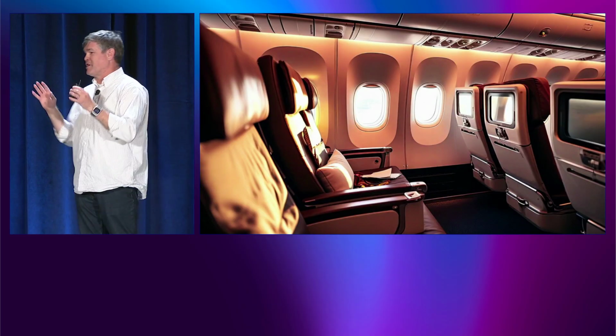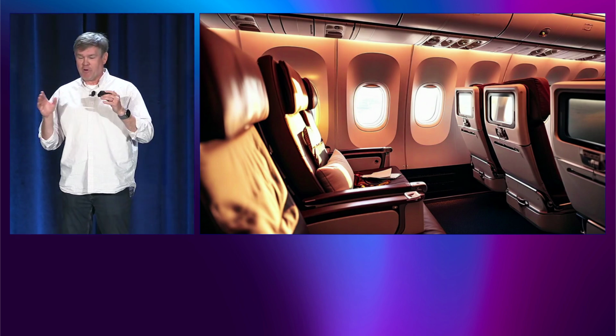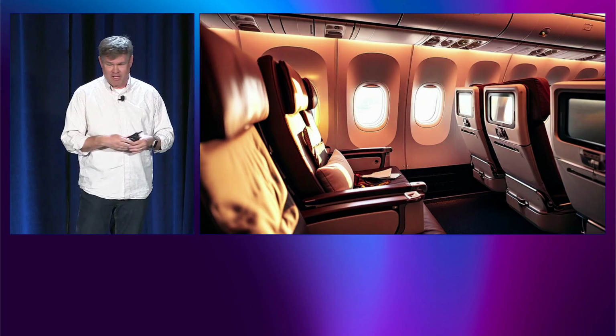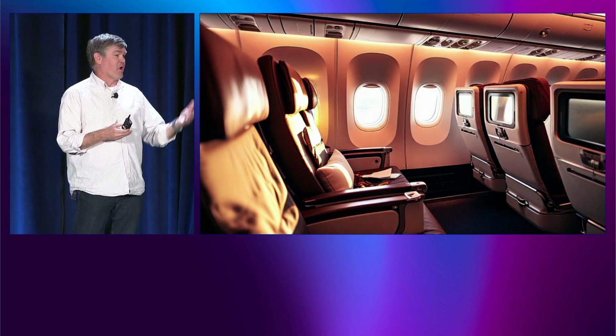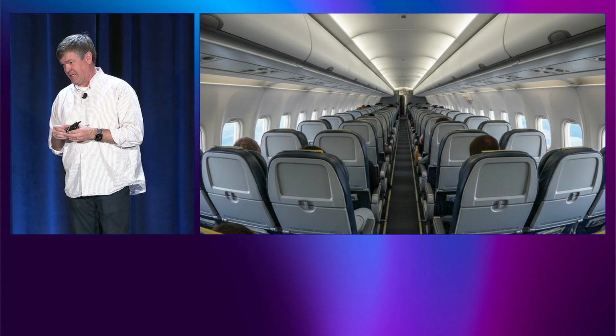The next one is Economy Plus. This is where I end up traveling most of the time, where you have better seats and earlier boarding, but not the first ones on the plane. For a reasonable price, you can upgrade to sit in those seats. And then my flight tomorrow evening on my red eye, I'm going to be at the back of the plane. So we have the basic economy seat.